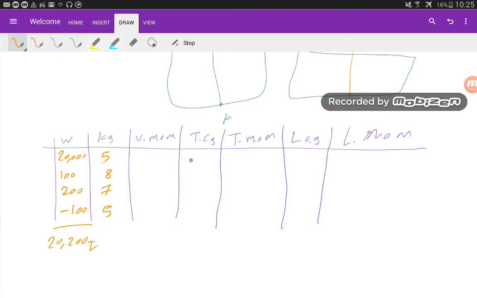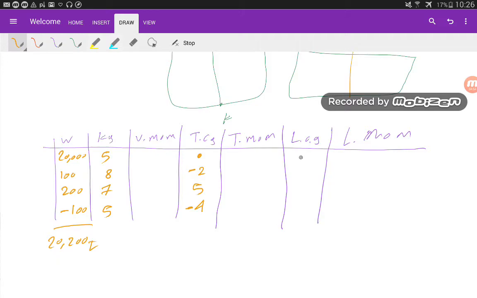Transversal center of gravity for our vessel at the beginning, while the vessel was stable, was 0. The next one was 2 meters on the port, so we are going to mention -2. The next one was 5 meters to the starboard, we are going to calculate 5. The next one was 4 meters to the port, again -4.